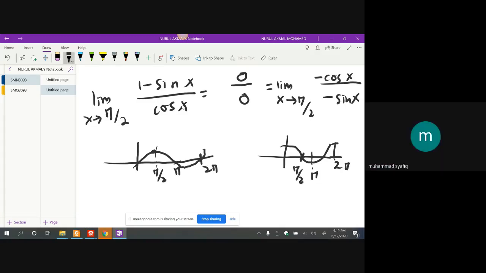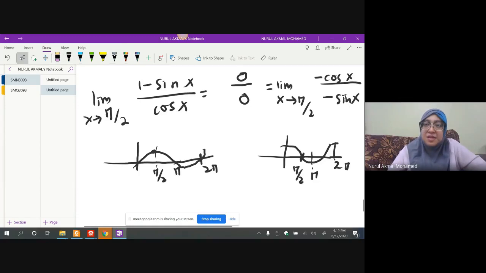Okay, so negative cancels out, right? So cos x over sine x, at pi over 2. Cos pi over 2 gives you 0. Okay. And then sine pi over 2 gives you 1. So 0 divided by 1.